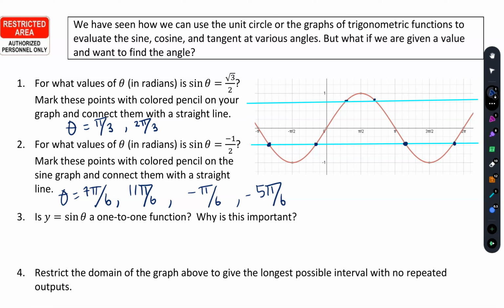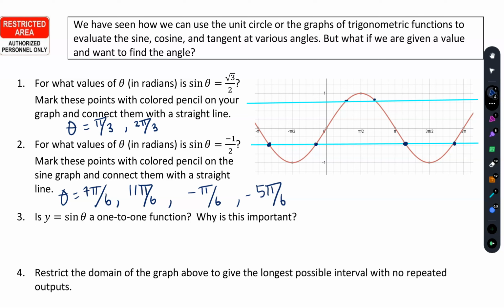Okay. So is sine a one-to-one function? What is one-to-one? What does that mean? Okay, so it passes the horizontal line test, right? So one-to-one passes the horizontal and the vertical line test.